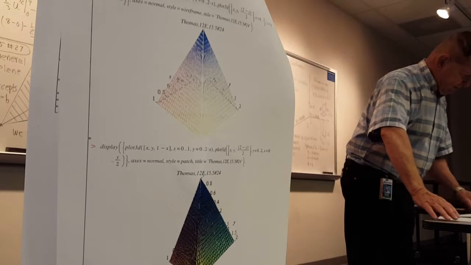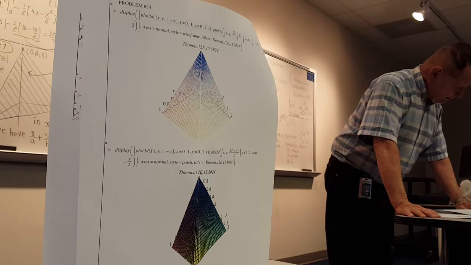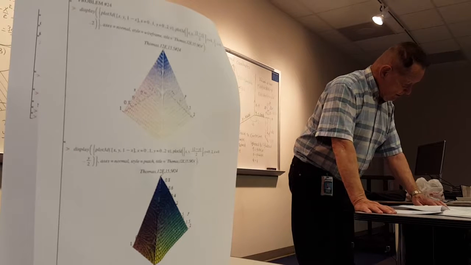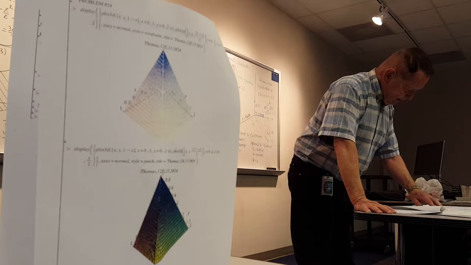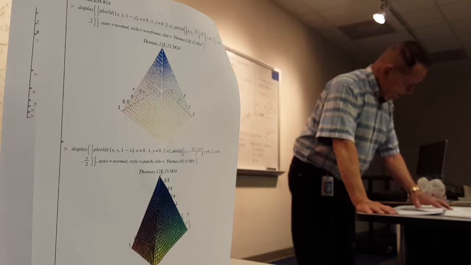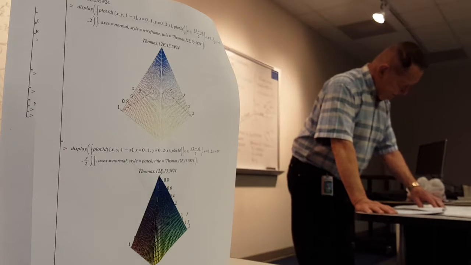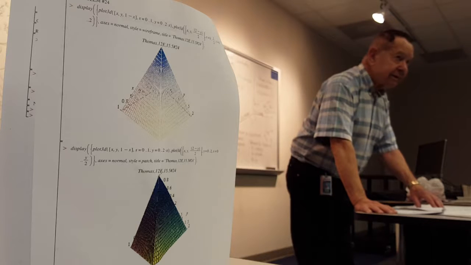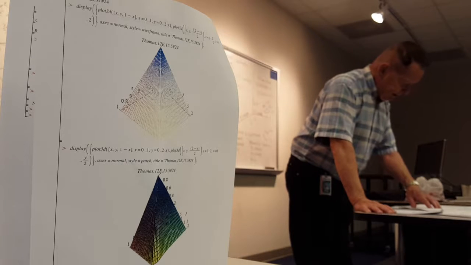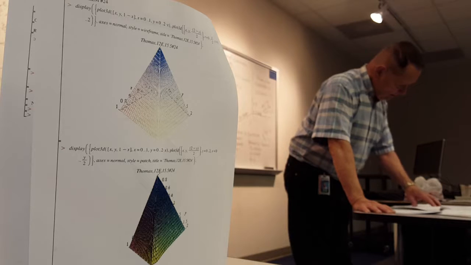So if you turn the page, you see display, and then the x, y, and 1 minus x is the one face, and then you see it's display the set, plot 3D x, y, and z equals 1 minus x, and limits on that, and then comma, and then plot 3D x, y, and 2 minus y over 2 is the other face, and limits on that.